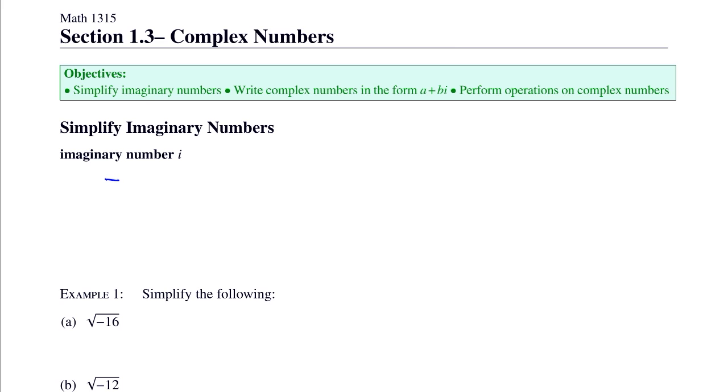To start with, we have the definition of an imaginary number. An imaginary number, i, is the solution to the equation x squared is equal to negative 1. As you know, anytime you square a real number, you always get a positive. So mathematicians ask, well, how could we square something and get a negative?